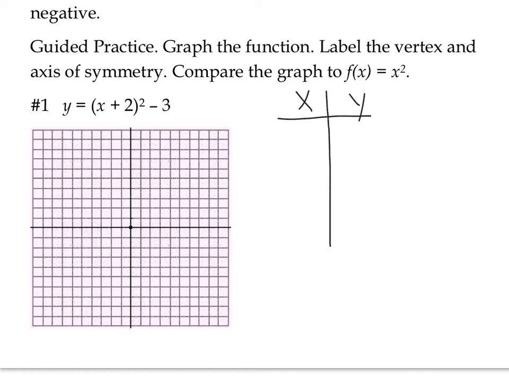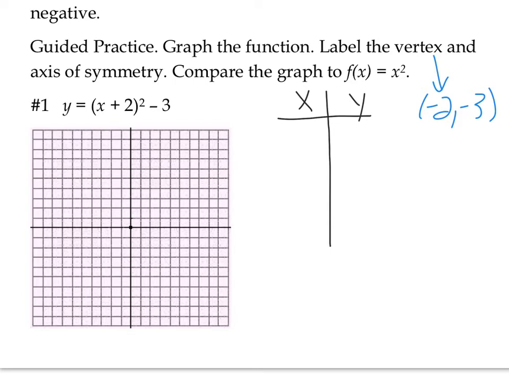Let's first talk about the vertex. The x value is going to be minus h, so minus a -2, like we saw with our absolute value functions and graphs. Our x value of the vertex is going to be -2, and the y value is going to be -3. So the vertex of this graph is going to be -2 comma -3.